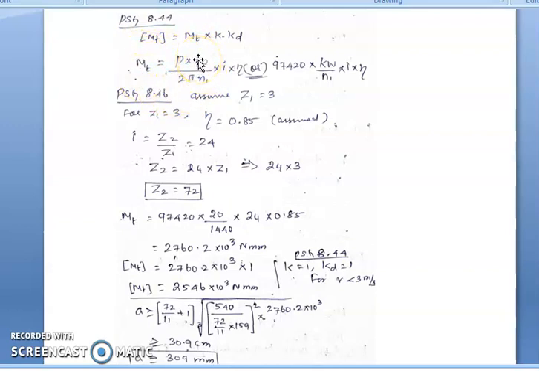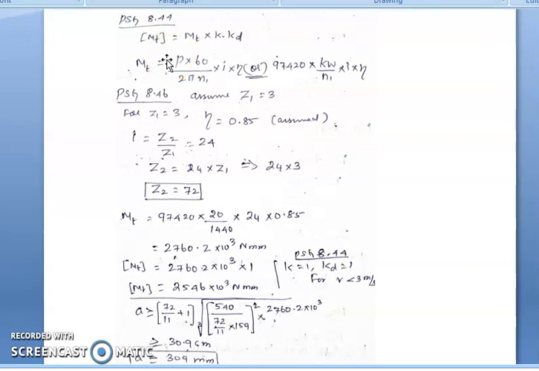But in the case of worm gear, we should also consider the efficiency of the gear drive. So we can use 97420 into kilowatt by N1 into i into eta. This formula is available at page number 8.44. This is the difference from the other drives. Here, so far we discussed two main differences.